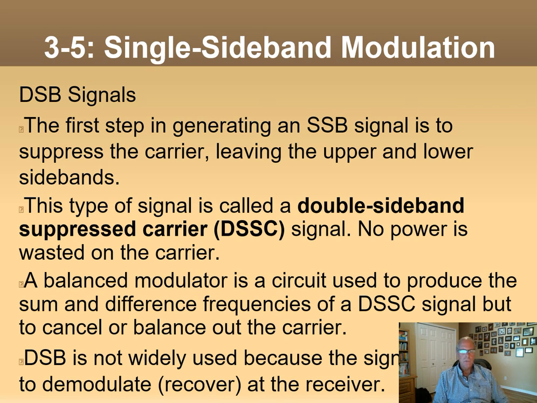It's not widely used, it says here, because it's difficult to demodulate or recover at the receiver. And we have to be careful nowadays because the term difficult is not as true as it used to be. We have some pretty fancy digital signal processors nowadays that can do really magical things.